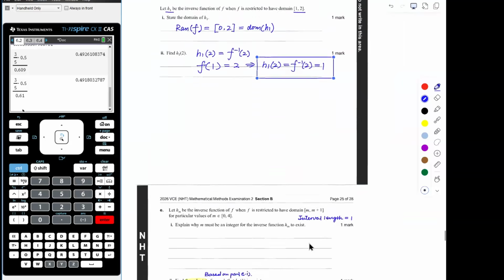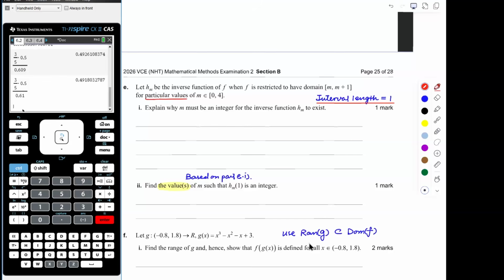Let h of m be the inverse function of f when f is restricted to have a domain m to m plus 1. So the interval length, as I made a small annotation here, is equal to 1. For a particular value of m from 0 to 4, in order for the inverse function to exist, we want f of x to be 1 to 1, okay?